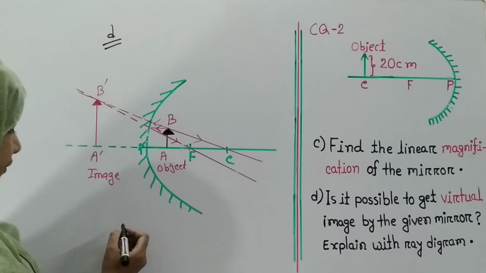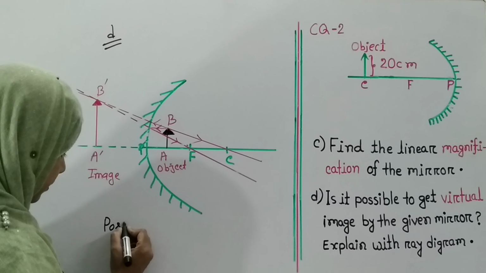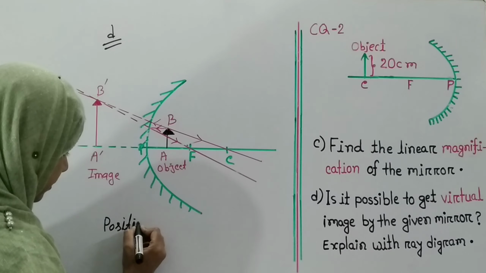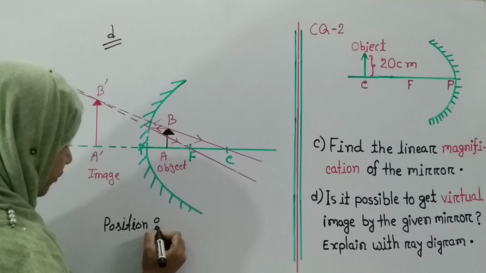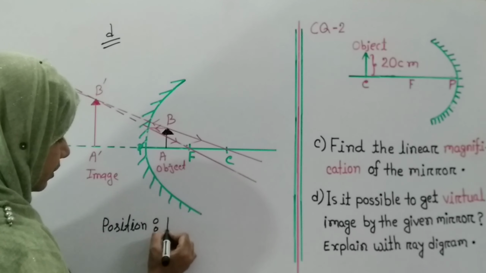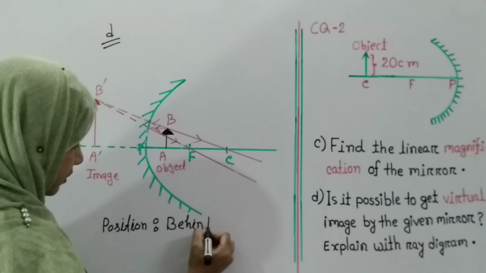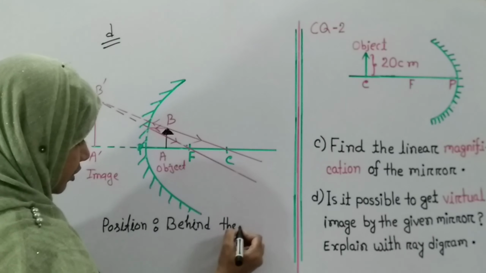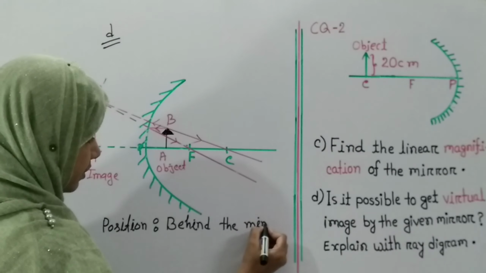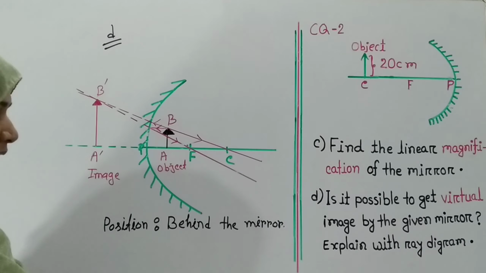Firstly, position of image. You can see the position of the image is behind the mirror. Now, size.